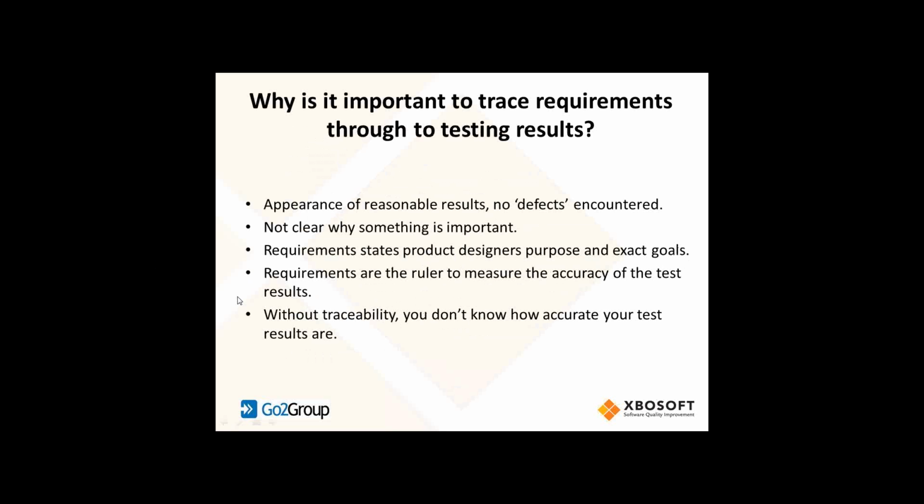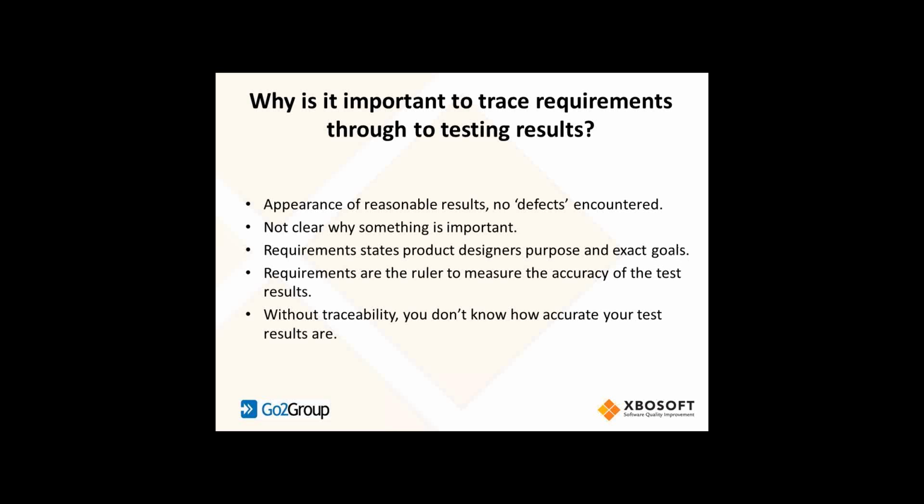We're going to start this webinar by framing the problems, and I'm going to ask Alan, why is it important to trace the requirements through your testing results? Well, when you first do testing, it's easy to have an appearance that the results are okay because you didn't find any overt bugs.